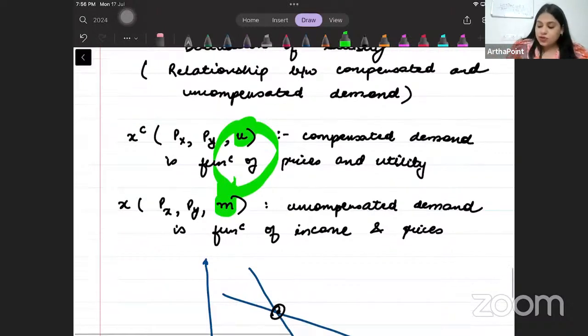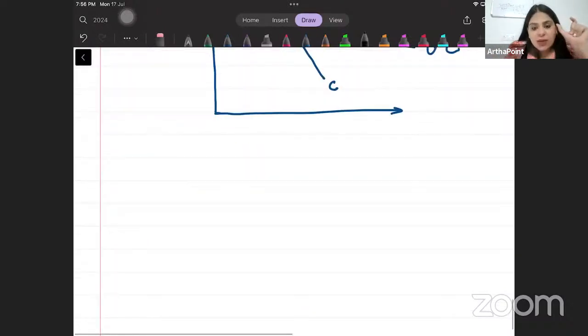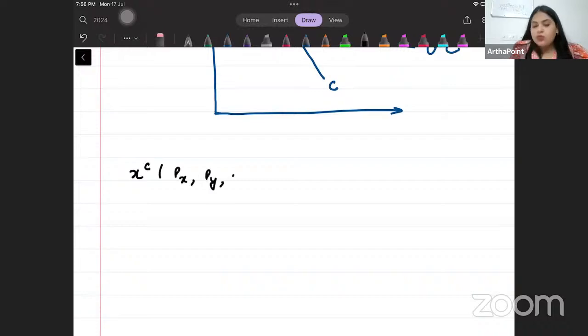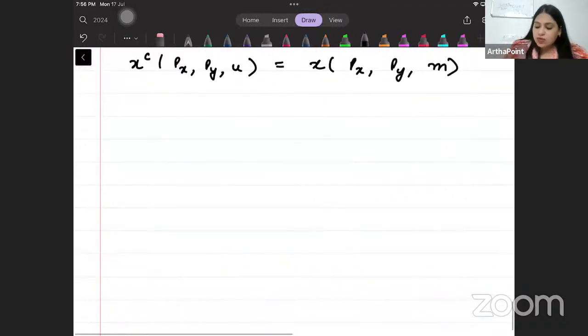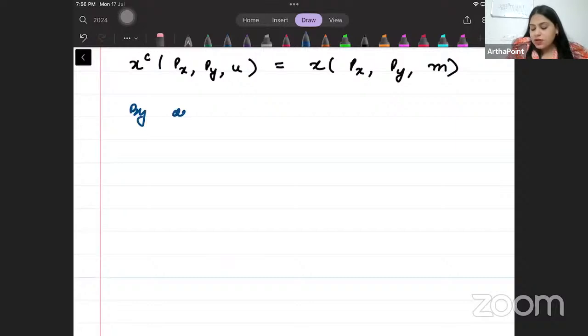So by definition, there exists a point such that XC(PX, PY, U) is exactly equal to X(Px, Py, M). Both of them are equal. Please write this down. Very important. So by definition, the two are equal.